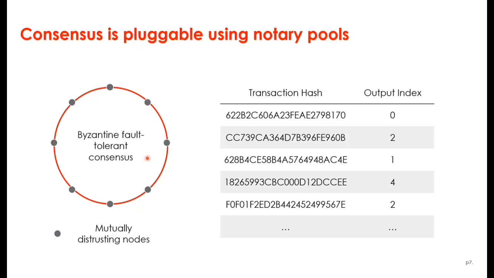goods. So a notary pool is a set of nodes, mutually distributed, again using the Byzantine fault consensus algorithm. Each transaction is signed and validated so that there is no attempt to double spend in any way. Every transaction requires a signature from a notary to be valid. All nodes in the notary pool do not see the contents of the ledger updates.